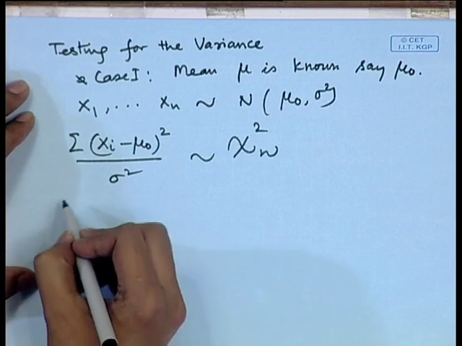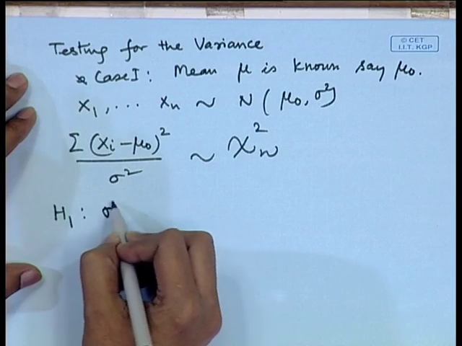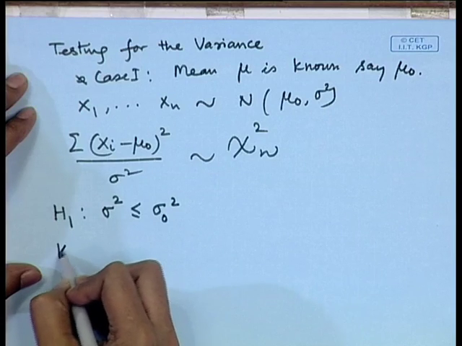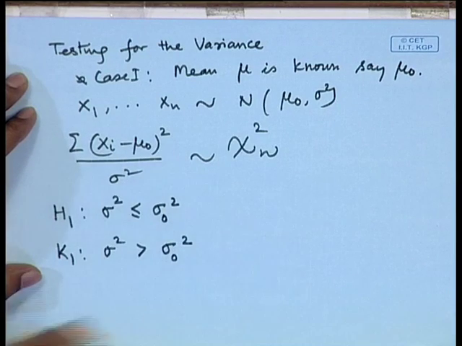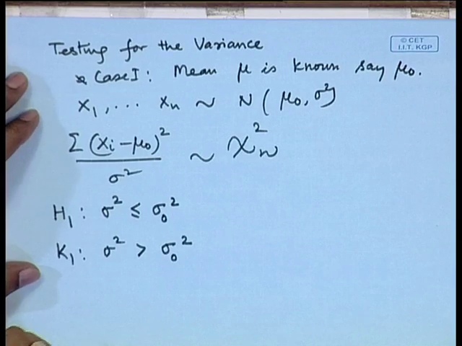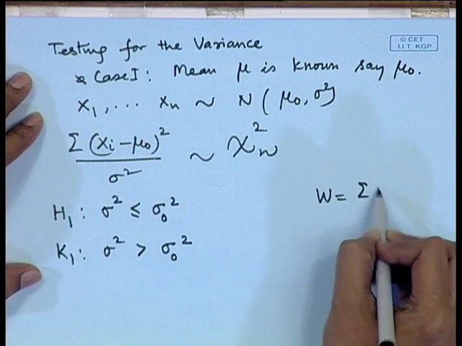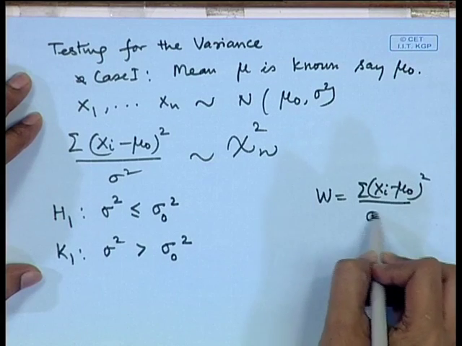So, we may look at the hypothesis of the form, say H 1: sigma square less than or equal to sigma naught square against say K 1: sigma square is greater than sigma naught square. So, when sigma square is equal to sigma naught square, we may consider sigma x I minus mu naught square by sigma naught square.